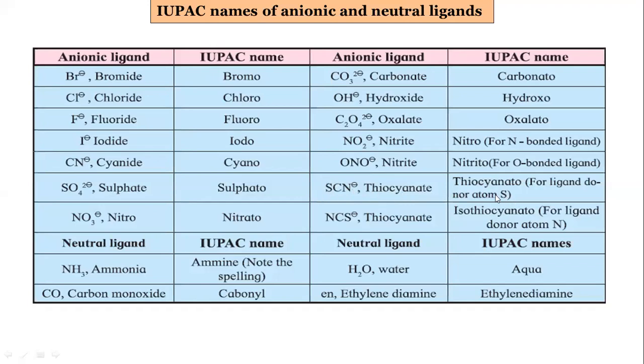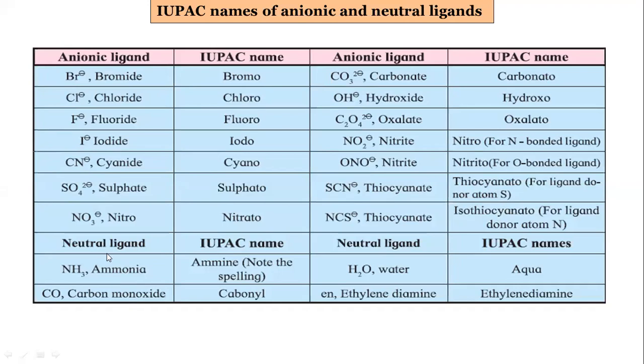If the sulfur is used, the name will be thiocyanato, and if the nitrogen is used, the name will be isothiocyanato. So these are quite confusing. Make a practice of this nitrite and this thiocyanate. So all these ligands are anionic ligands, which means negatively charged ligands.